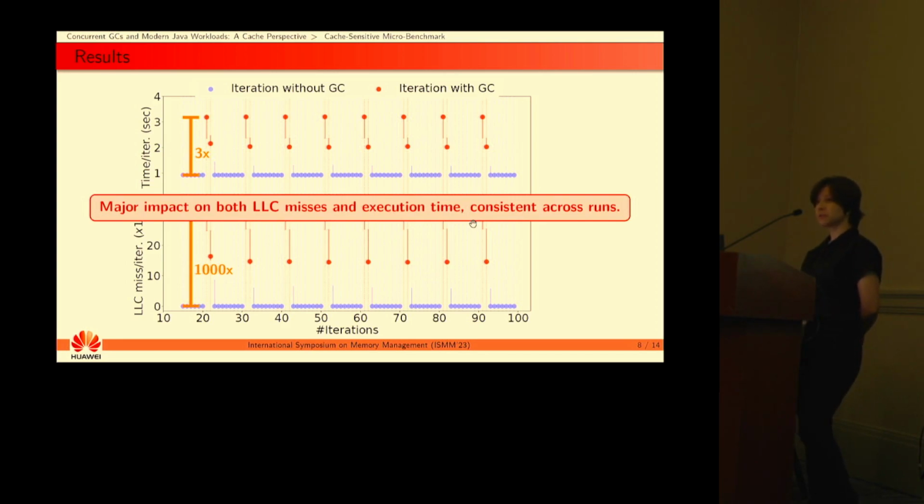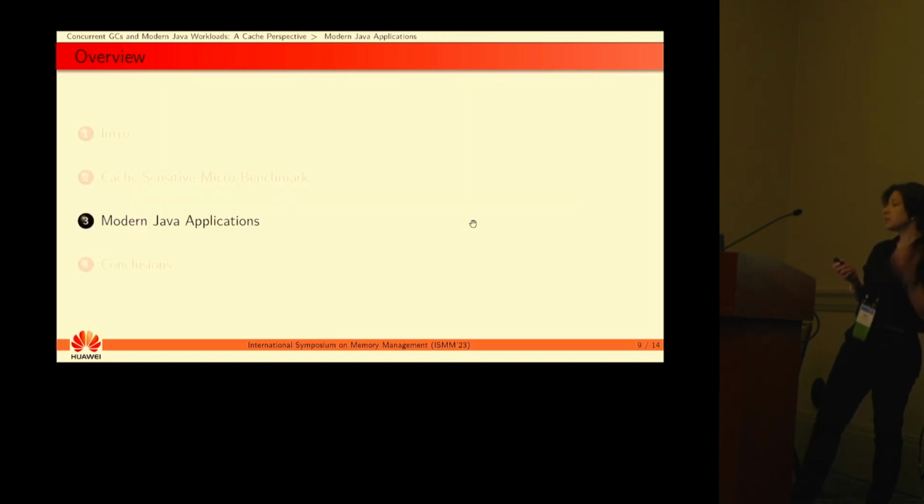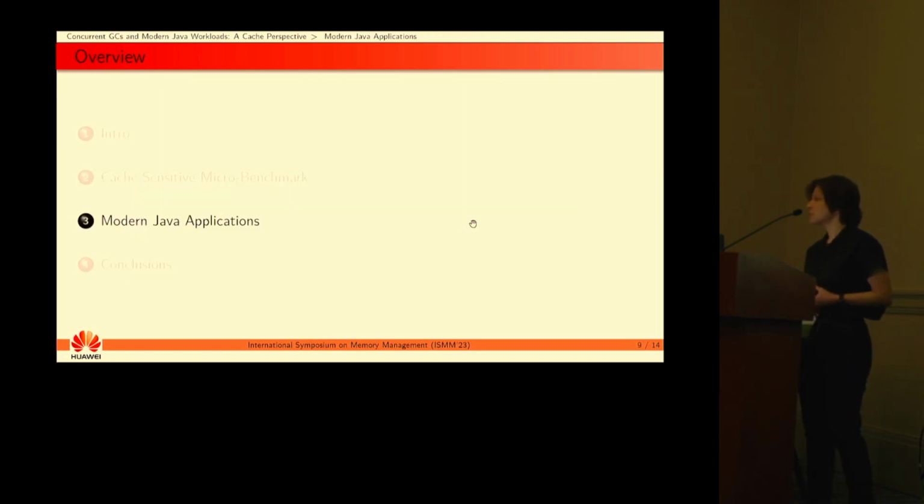So it's a major impact, and it's consistent across runs and across iterations. Again, it always happens at the same time, so there must be a correlation. With this, we were pretty happy with our results. They sort of fit our mental model.